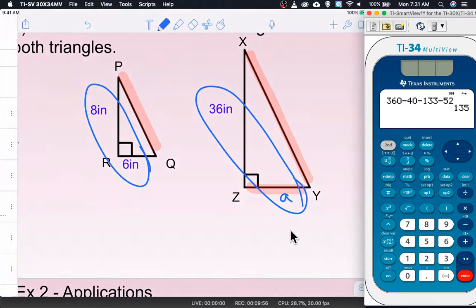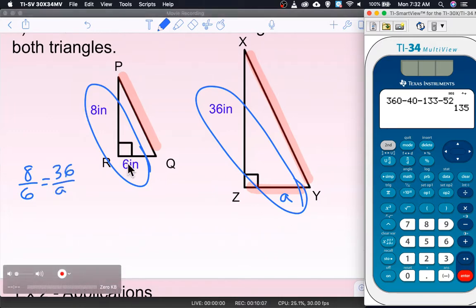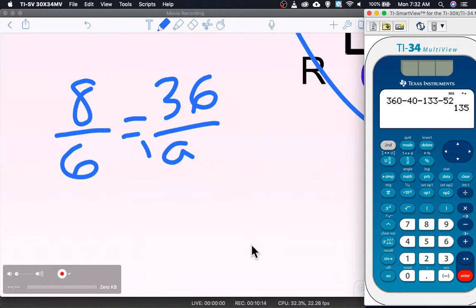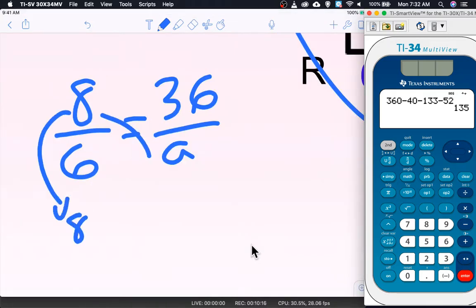8 over, oh man, I had a feeling that was going to happen. Let's go over here. 8 over 6 equals 36 over A. That's my ratio. Cross multiply, we've got 8A and 6 times 36.